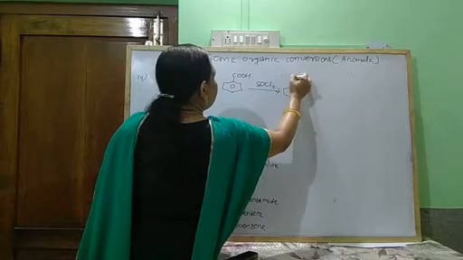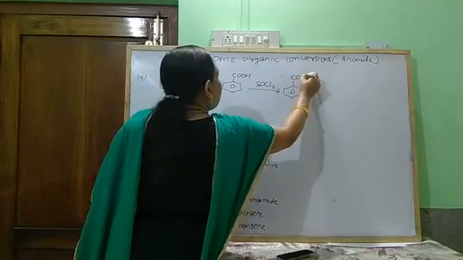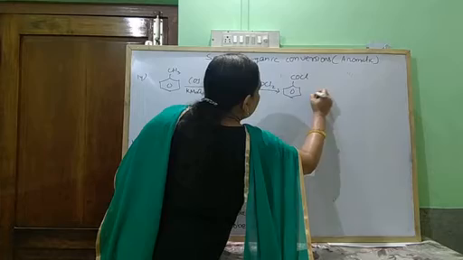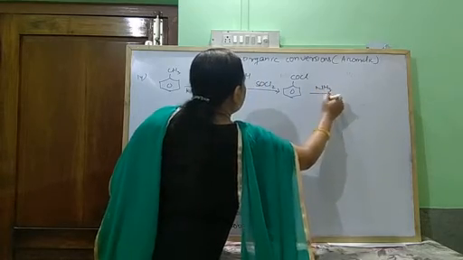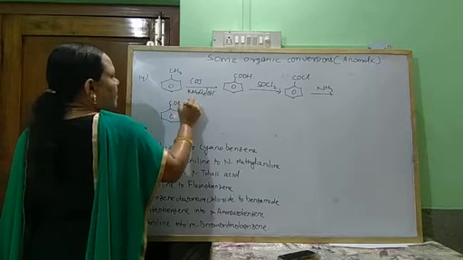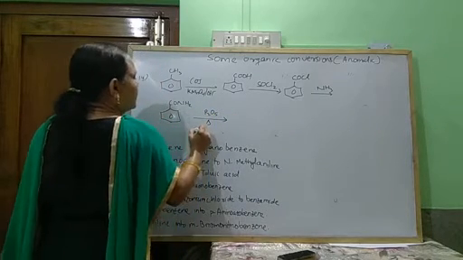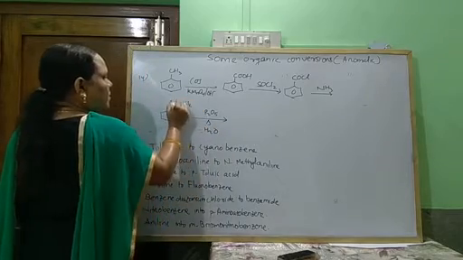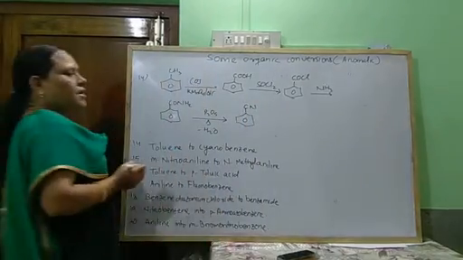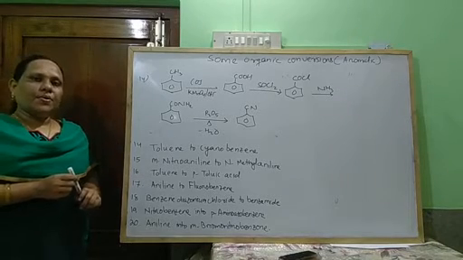It forms benzoyl chloride. Benzoyl chloride treated with ammonia forms benzamide. And benzamide when heated with phosphorus pentoxide, so minus H2O, this H2O is removed and it forms cyanobenzene. So this is toluene to cyanobenzene.